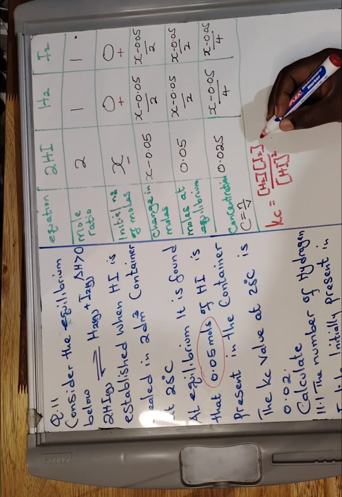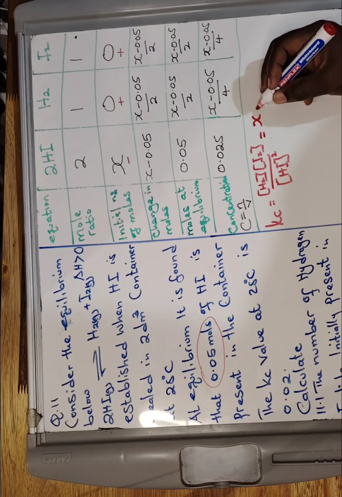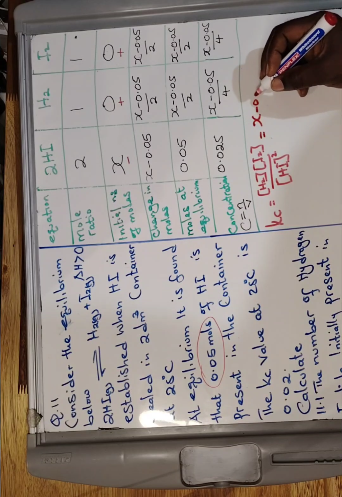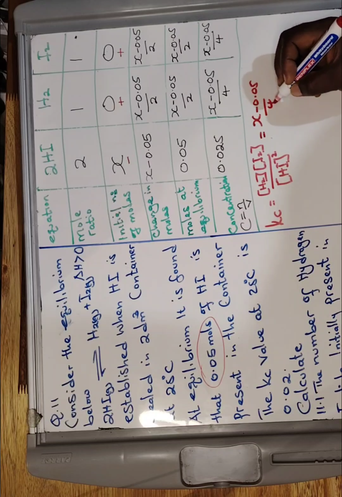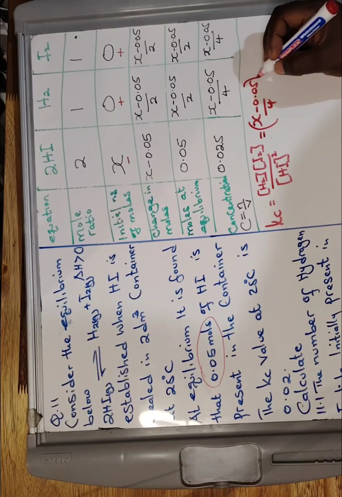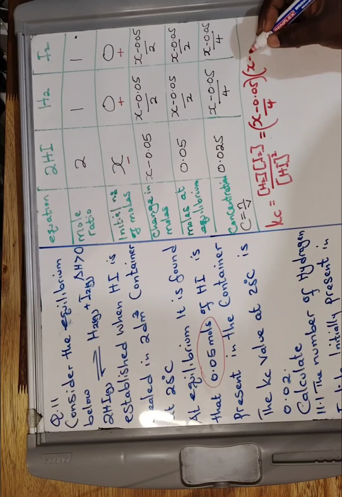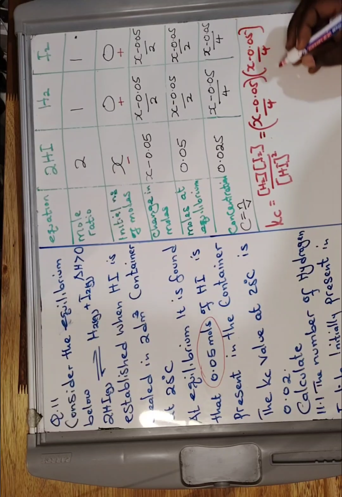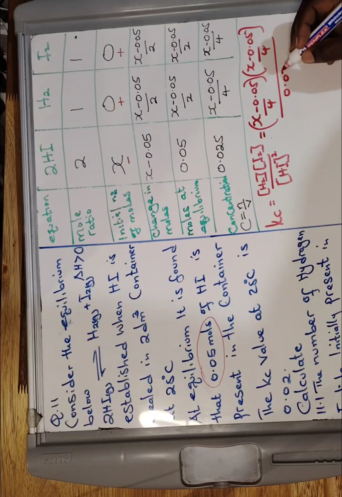After that, we substitute what we have. It's going to be X minus 0.05 over 4, into X minus 0.05 over 4, all of it over 0.025.